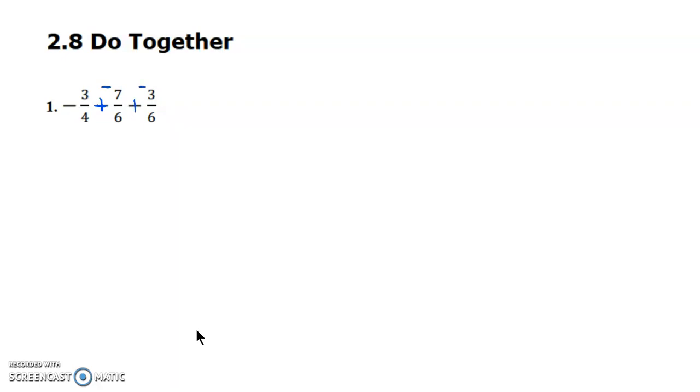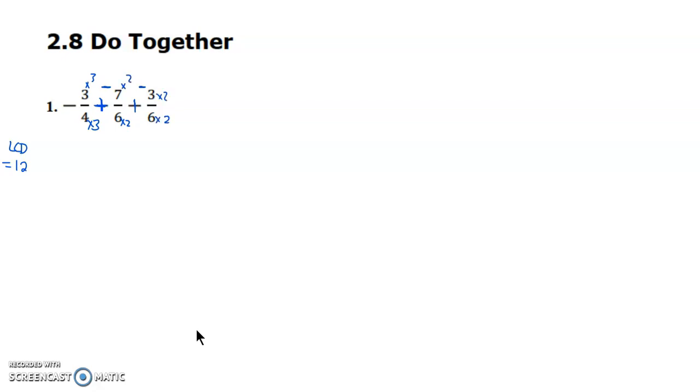So we actually have 3 negative fractions to add. That's great because we know our answer will be negative, but we don't have common denominators. So we find our lowest common denominator, which is 12. Let's change each of the fractions to be out of 12. We're going to multiply the first one by 3, and the next ones by 2.